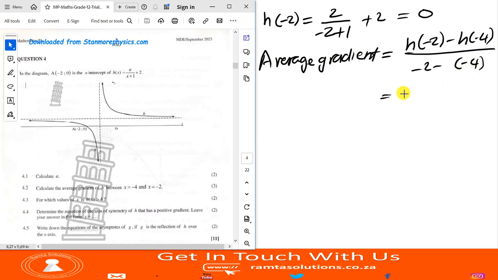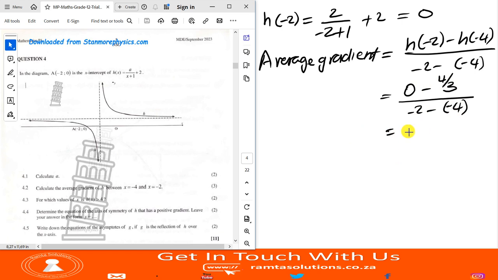What is h of minus 2? It's 0. What is h of minus 4? We said it was 4 over 3. You guys have calculators, so get your answers. Your answer will be negative 4 over 3 divided by 2.